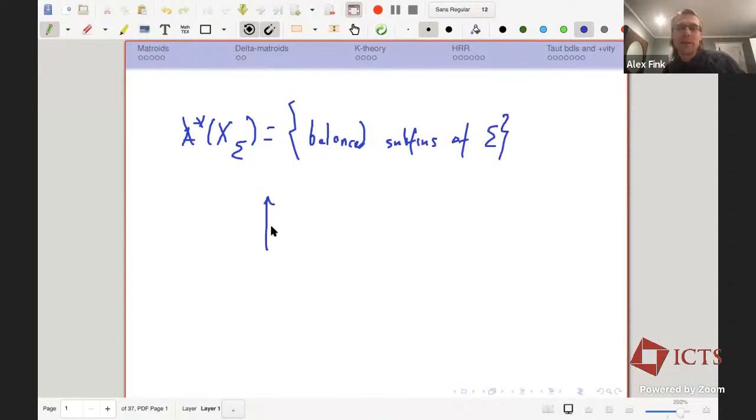So if I have two fans, then I take one of them, I use this fan displacement rule and take the stable intersection. That gives you the Chow ring of the toric variety.